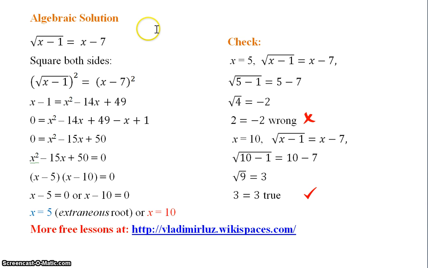So, this solution which we got here requires check. Check is mandatory for this solution. If you do not perform the check, then you can get fake roots, extraneous roots.